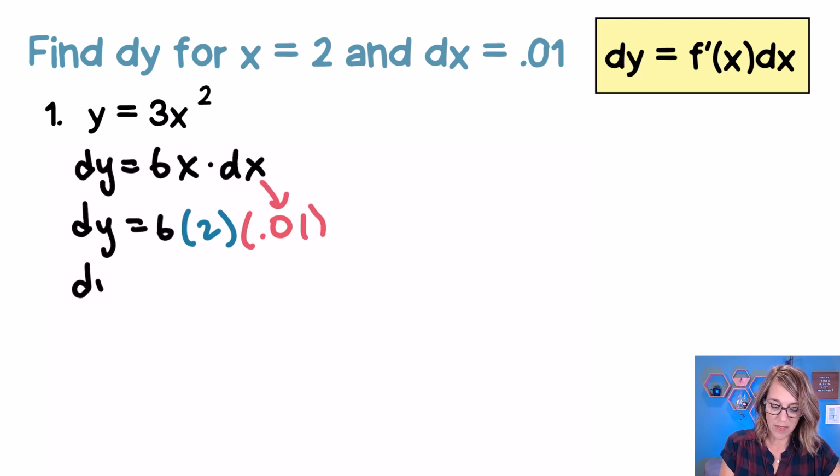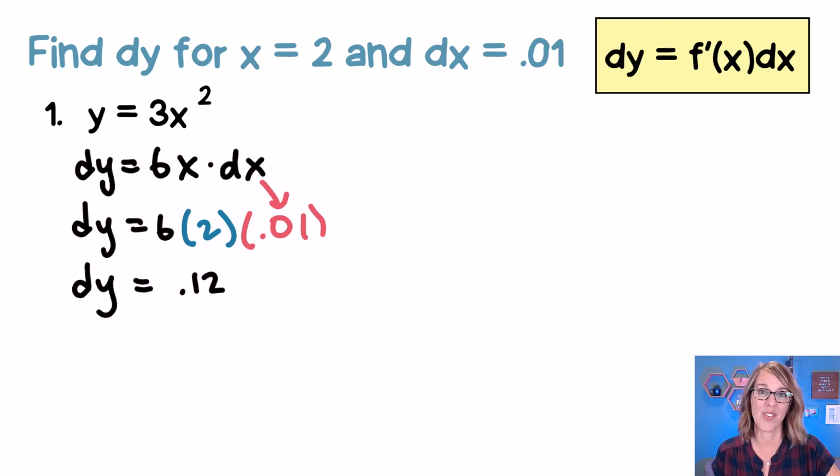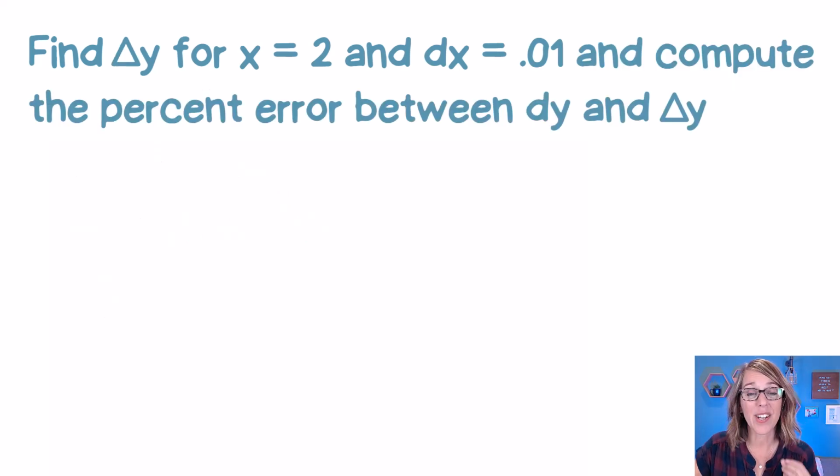So we get that differential dy, the change in the y direction. Think about that rocket ship, the change in its path at 2 seconds is equal to 12 times 0.01. That's going to be 0.12.